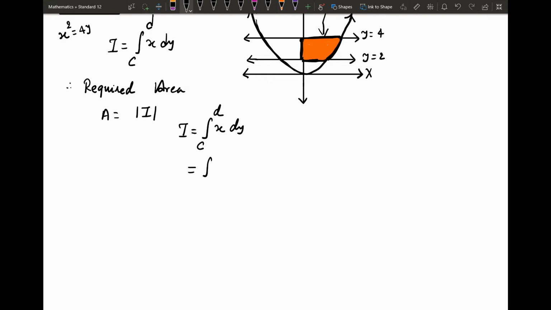The limit is given between y equal to 2 to y equal to 4, so 2 to 4. Now the equation is x square equal to 4y, so x equal to plus minus 2 root y. In the first quadrant x is positive, so we take the positive square root, 2 root y dy.